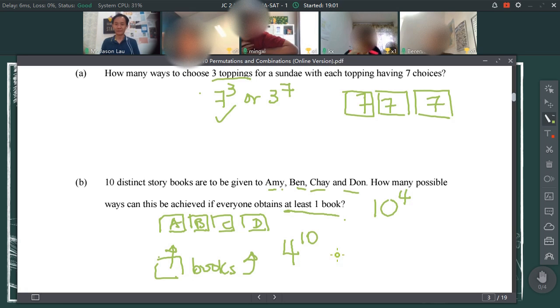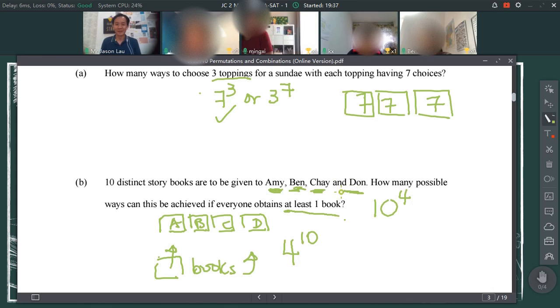Okay. Actually, I thought that it is like 4 to the power of 7. Oh, why 4 to the power 7? Because if you want at least one person to receive one book, then each person can at maximum receive 7 books. Okay, so what to do?